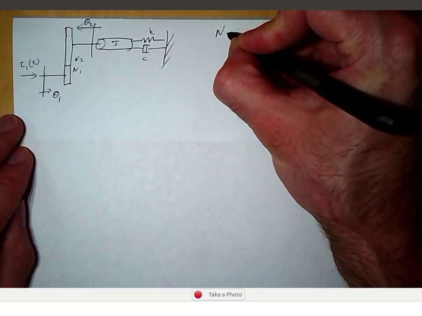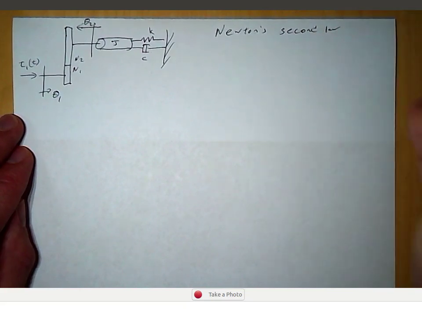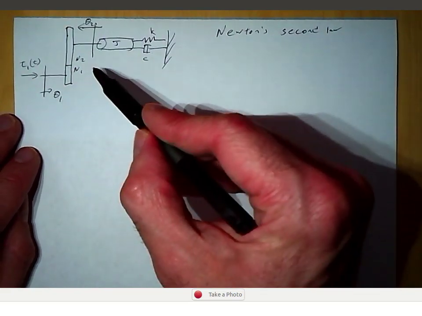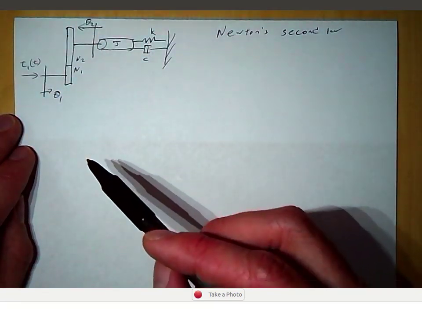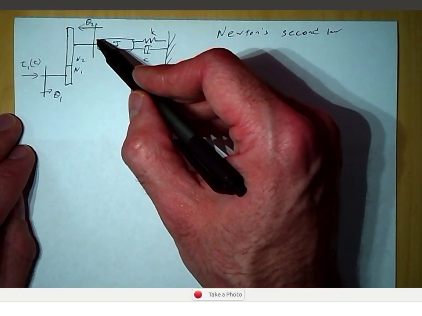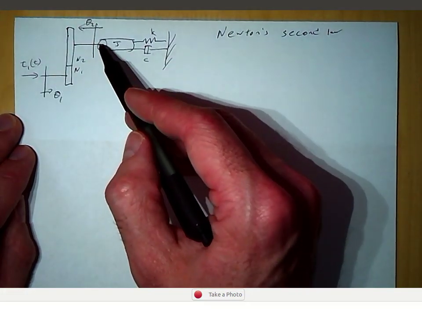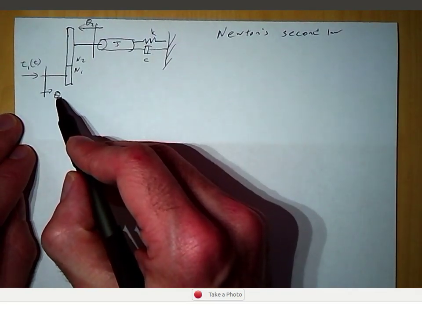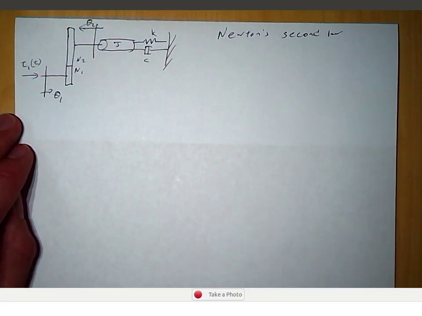Now we want to apply Newton's second law. But before we do that, let me mention that though there are two variables here representing displacement, theta 1 and theta 2, there is only one independent motion. That means that if we held the output shaft fixed, we would not be able to turn the input shaft. And vice versa. If we held the input shaft, then we couldn't turn the output shaft. So the relationship between theta 1 and theta 2 is just that theta 1 is proportional to theta 2.